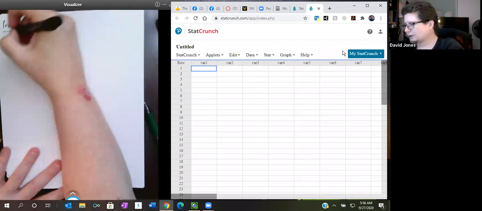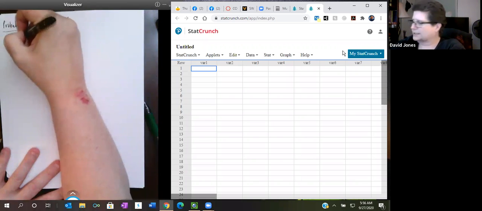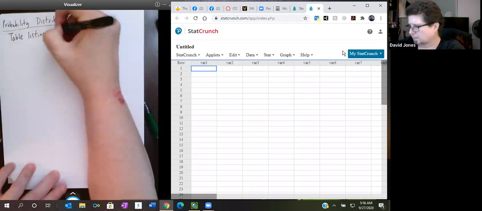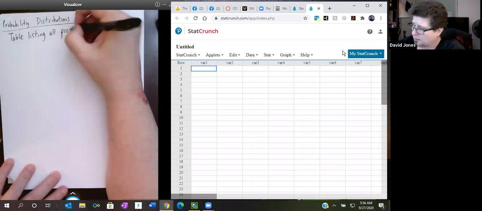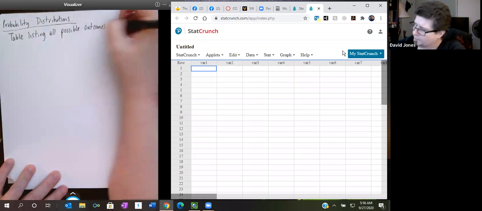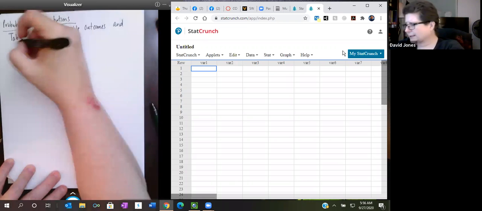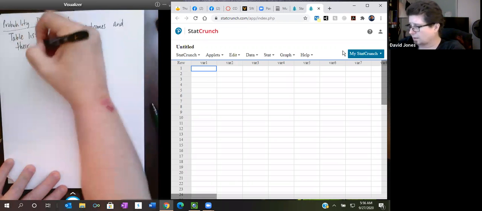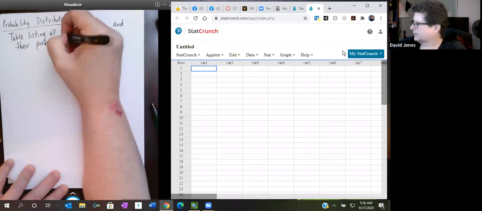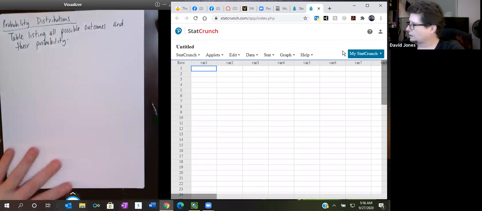And this is frequently shown as a table listing all possible outcomes and their probability. And let's just use a different example.